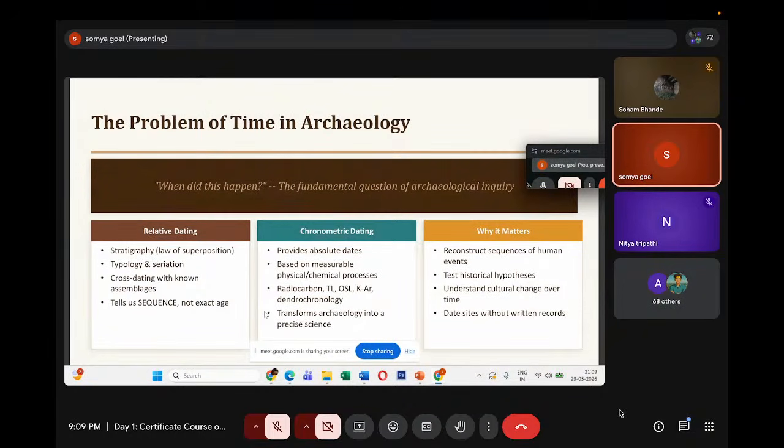Now, why does it all even matter? We need all of this to reconstruct the sequence of human events. We also need this to test historical hypotheses. These hypotheses might come out to be true, but we need empirical evidence to test those hypotheses that we have historically or by scholars.